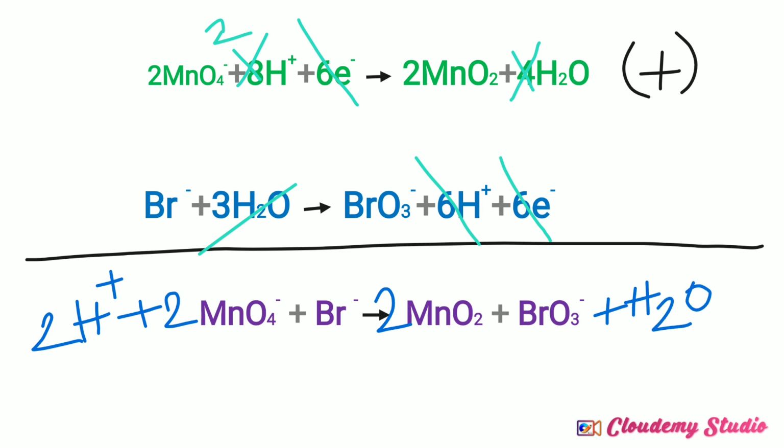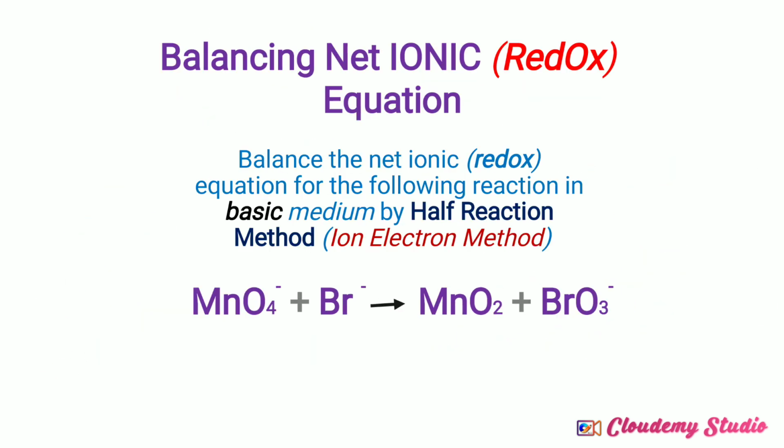Now we have added both the half reactions. So on adding both the half reactions, we have got the resultant equation. In this resultant equation, what is present? 2 hydrogen ions are present. In the beginning at the question, it was mentioned that this reaction takes place in basic medium.